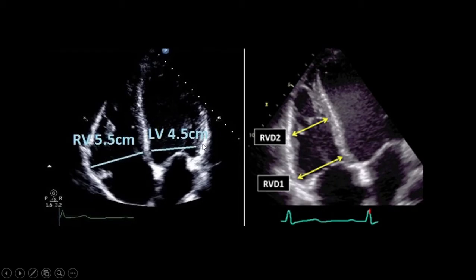If you are not sure whether you are foreshortening or not, just measure both basal dimensions. If the ratio of right to left at the basal level is more than 0.66, it is abnormal.